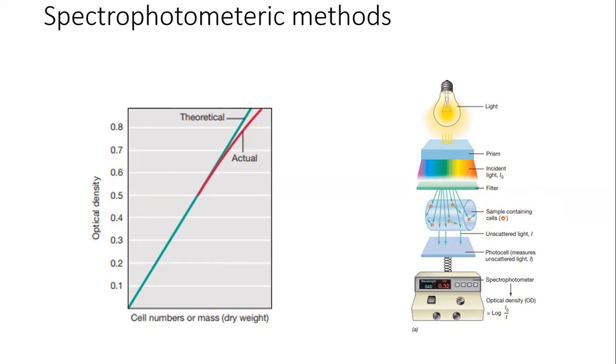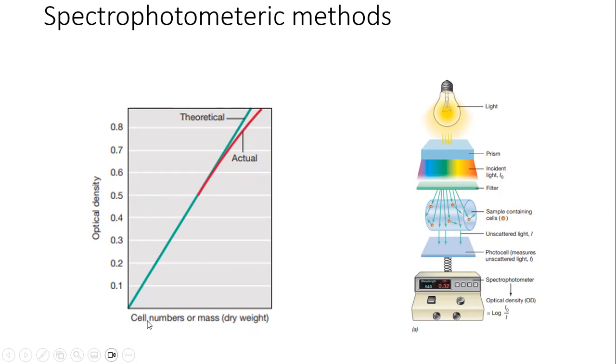Simultaneously, we'll also determine how many cells that OD or that sample corresponds to by other methods such as the spread plate method. Now, once we have these numbers, we will have a standard graph which will tell you that suppose 0.1 is the OD, then you can determine whatever is the cell number.